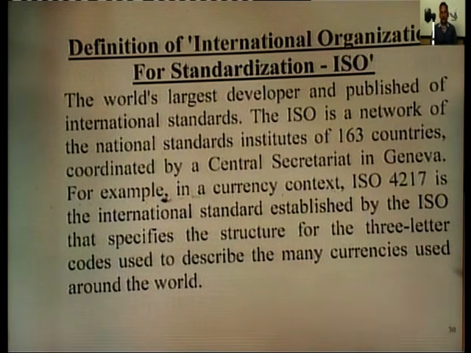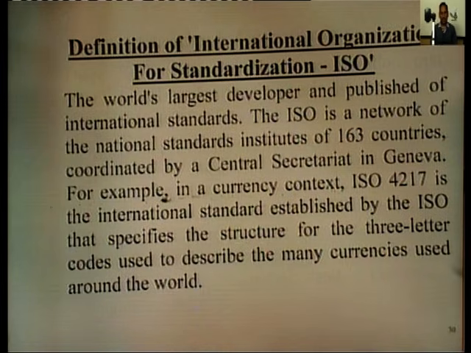Definition of the International Organization for Standardization, that is ISO: the world's largest developer and publisher of international standards. The ISO is a network of the national standards institutes of 163 countries, coordinated by a central secretariat in Geneva.